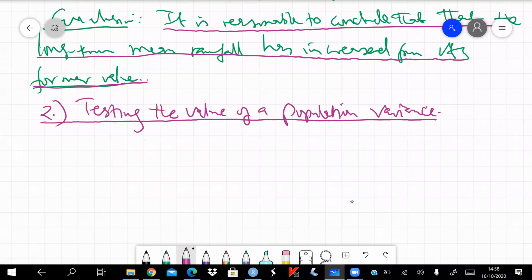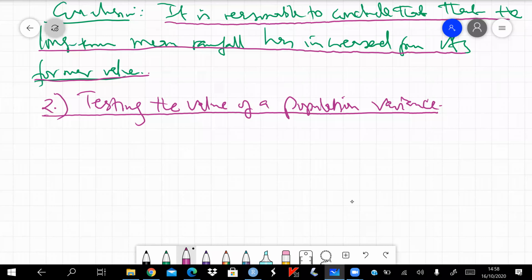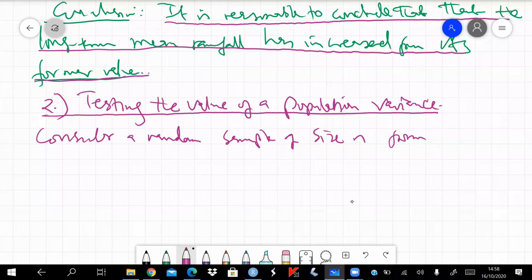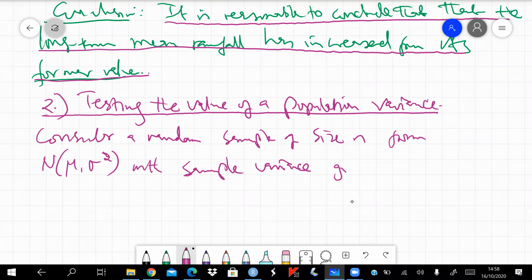So let's have some introduction by saying that we consider a random sample of size n from a normally distributed population with mean mu and variance sigma squared, with sample variance given by s squared, and we are testing the hypothesis.